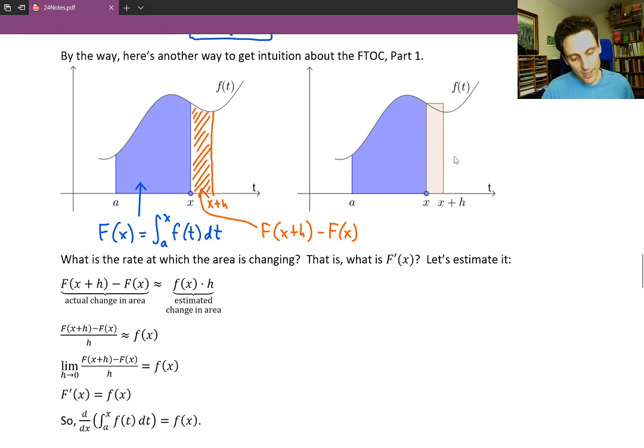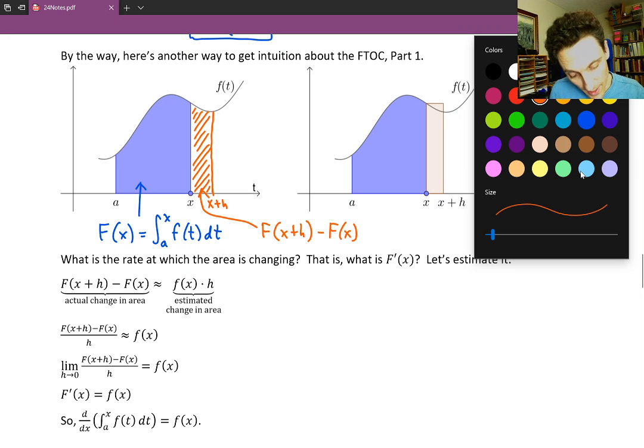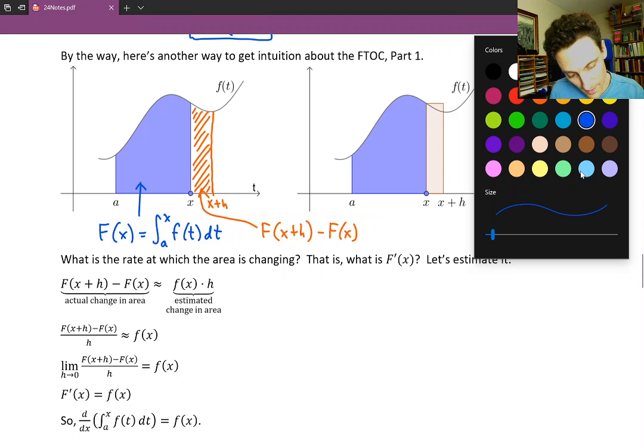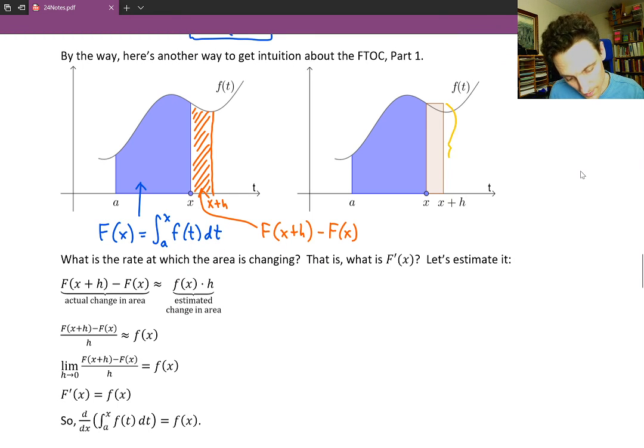But let's look at another way of doing this. So let's approximate it using a rectangle. So we're going to move over a little bit by h, and instead use a rectangle to approximate this change in the area. The height of that rectangle, let me use a different color for that, would be f of x, little f of x, right?